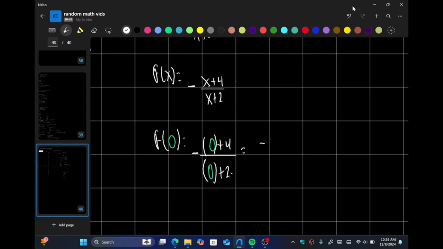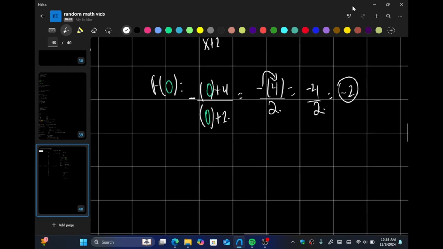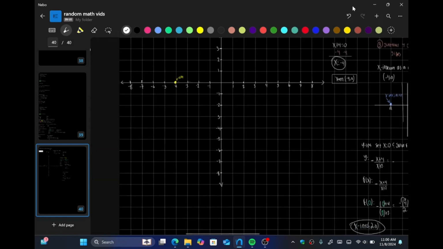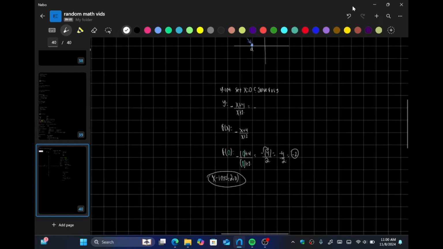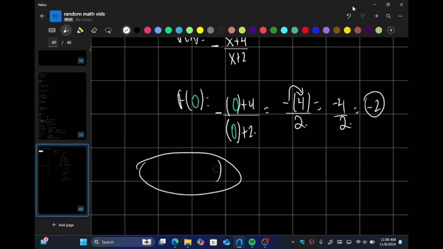So this is going to be negative 4 over 2. Obviously, the negative just distributes. We get negative 2. So we stated our x and y intercepts, and we're just going to label that over here. Oh, and I'm sorry, 0, negative 2, excuse me, that's the y-intercept.